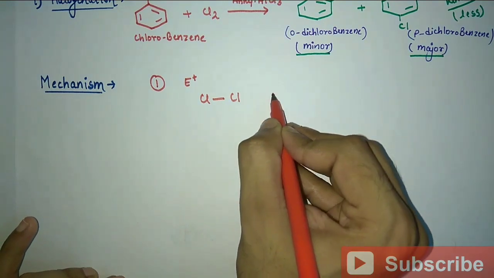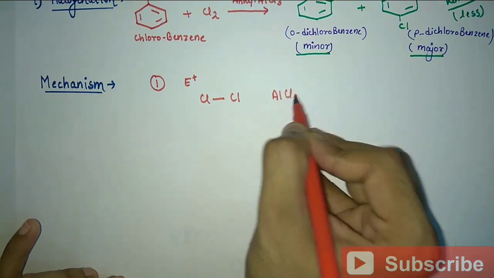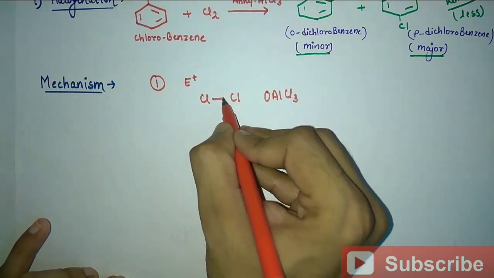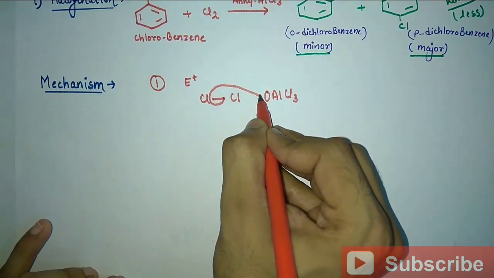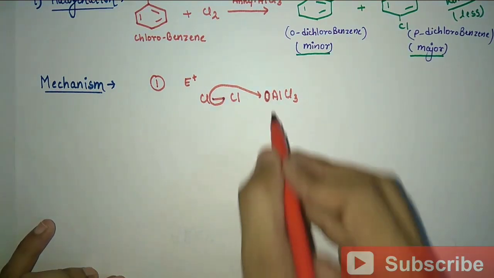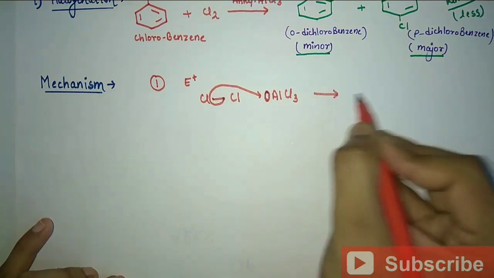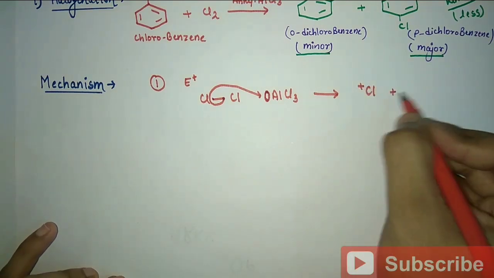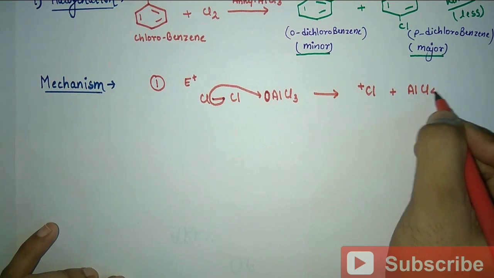This is our AlCl3, that is a Lewis acid. It has a vacant orbital. So the chlorine atom with its bonding pair of electrons goes to the vacant orbital of this aluminum, and it will lead to the formation of this electrophile and AlCl4 minus will be released.